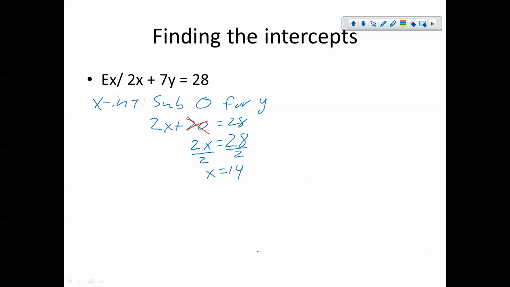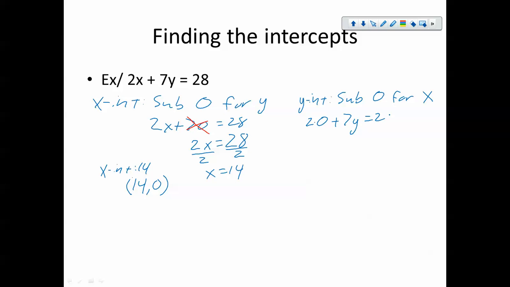So my x-intercept is 14. As a point, I'm going to write that as (14, 0). The 14 is what we solved for. The 0 is what we subbed in. For the y-intercept, we're going to sub 0 for x. So that's going to be 2 times 0 plus 7 times y equals 28.